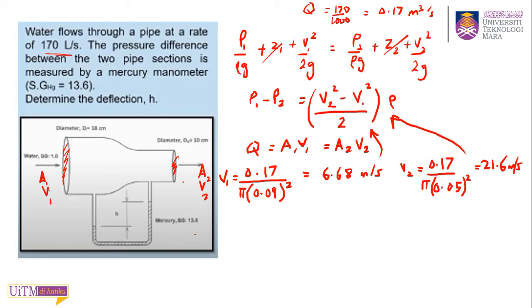Berapa dapat P1 minus P2? Sama dengan V2 squared, 21.6 squared, minus V1 squared, 6.68 squared, over 2 times water flow, so 1000. Berapa ni dapat P1 minus P2?